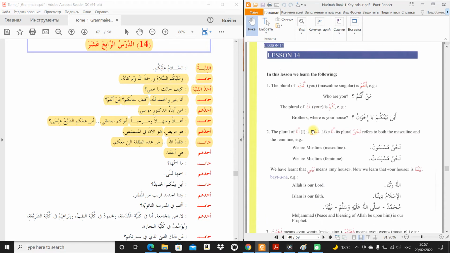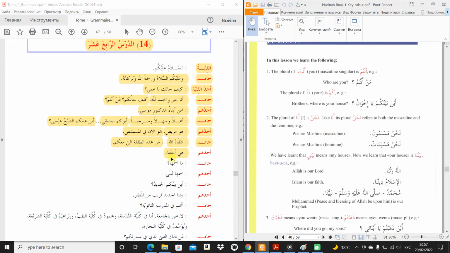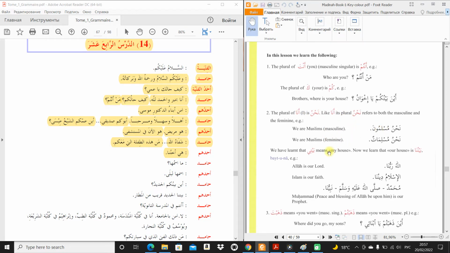MashaAllah, one more possessive pronoun, which is na. The plural of ana is nahnu. Well, subhanallah, I forgot to say that nahnu is translated as we. So ana, I, we, nahnu. And we have learned that bayti means my house.